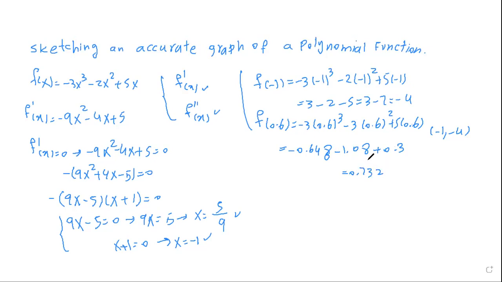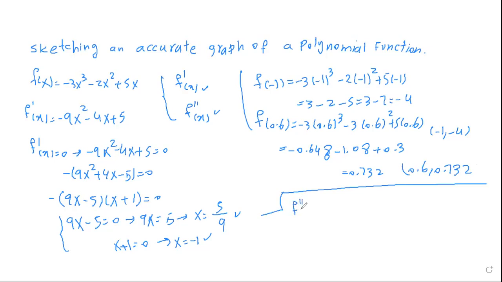Make sense? Okay. These are the points. Keep in mind we have 0.6 and 0.732. This one, go for second derivative.